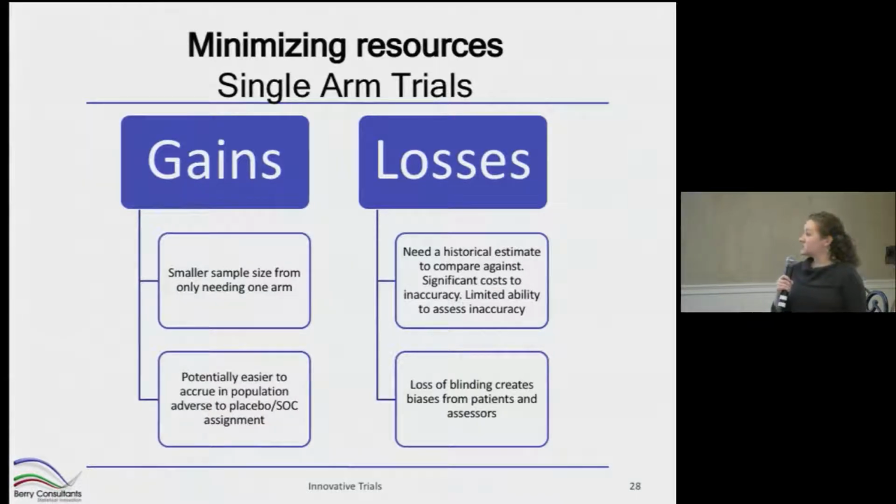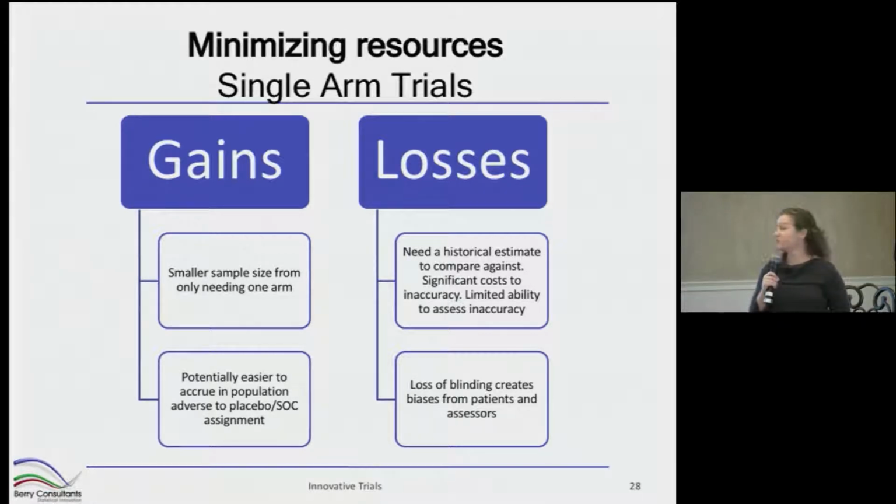So we'll talk in detail a little bit about some of these gains and losses. One of the main reasons that we would consider a single-arm trial is the sample size is typically going to be much, much smaller than what you would need if you were running a randomized trial, because you're only going to have one arm. So instead of having to randomize subjects between two arms, you just have one arm and you need about half as many subjects. It's also one of the big reasons is it's a lot easier to enroll patients in a single-arm trial, potentially.